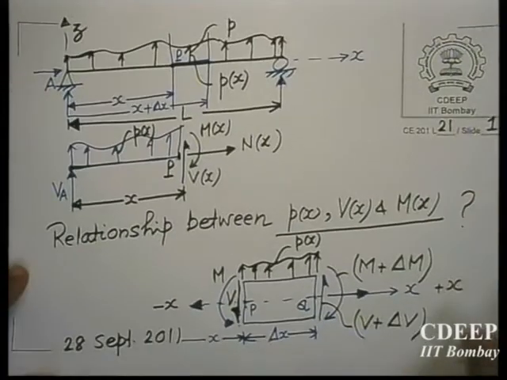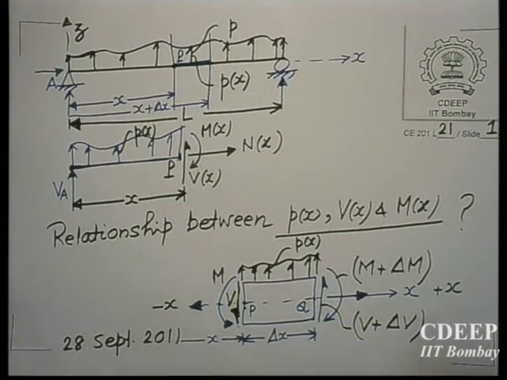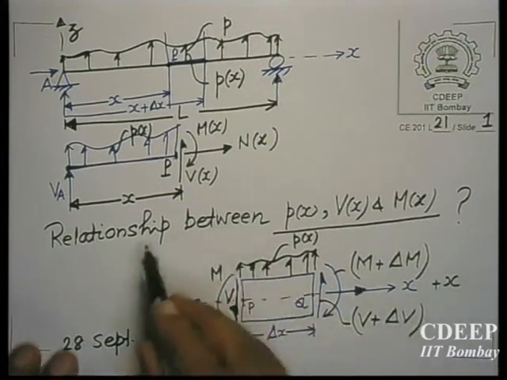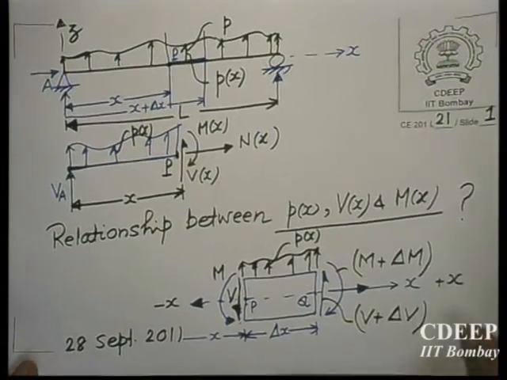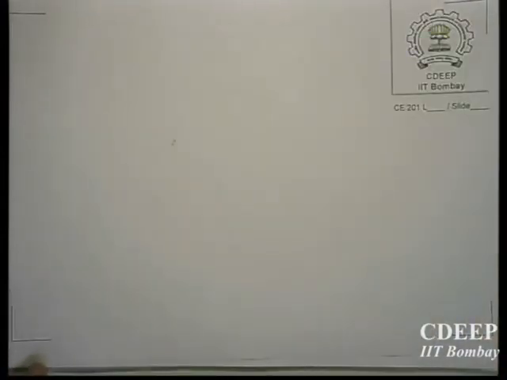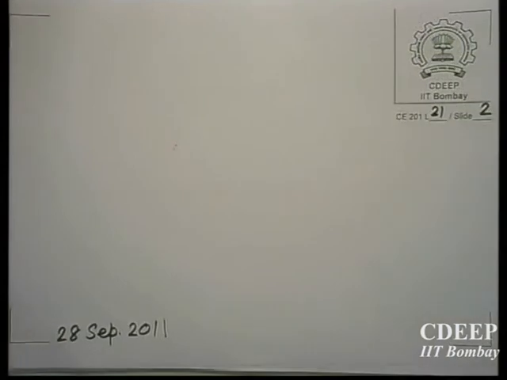So, please keep your eyes on this, how to find out a relationship between these. So, our job is to find out a relationship. Now, go to the horizontal equilibrium.